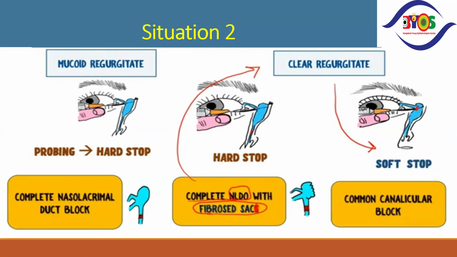But in case of clear fluid and a hard stop, it is a complete nasolacrimal duct obstruction with a fibrous sac. The distal end of the sac is fibrous. That's why the fluid that we found from the other puncta is clear fluid. But when there is clear regurgitate and on probing we find a soft stop, that is a common canalicular block.